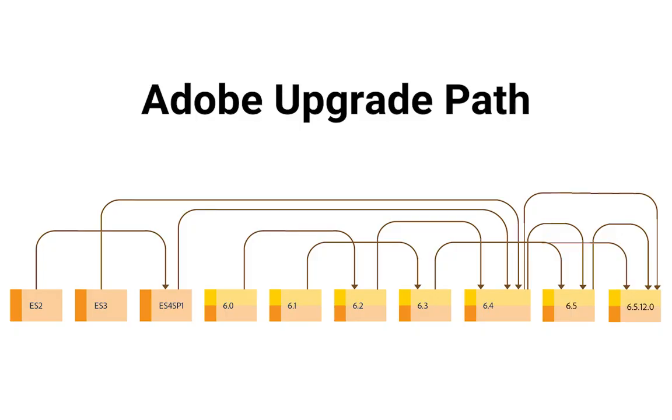We can actually give you a map of upgrade paths. What we often do is follow a more complex path if we need to move it, or we stop and say we have to rewrite the application in the new environment. Sometimes it's just easier to rewrite the application rather than taking the steps from ES2 to ES4 SP1, then to 6.4 with changes, then to 6.5, and then to 6.5 Service Pack 14.